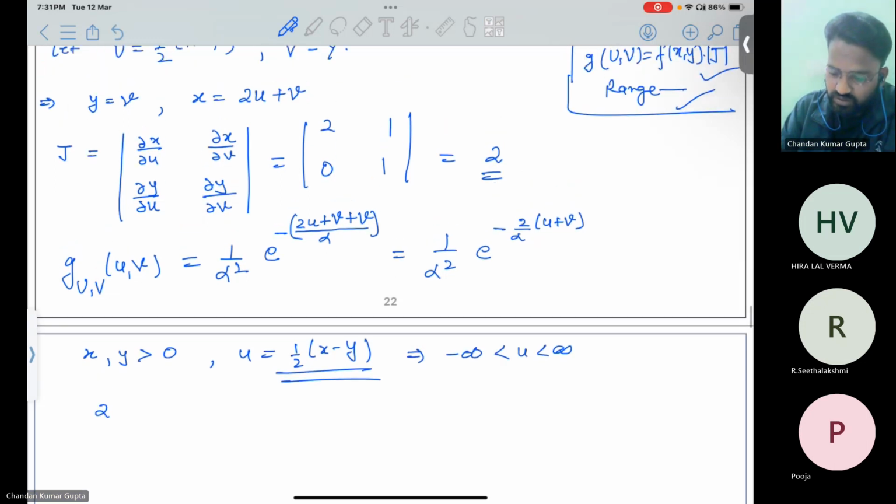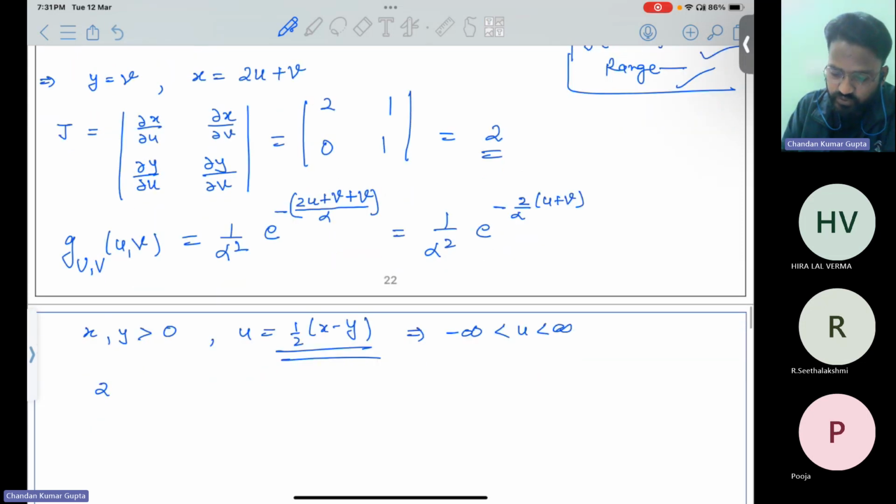And also x equal to 2u plus v. Okay, wait. Here x is greater than 0. This means x equal to 2u plus v is greater than 0.